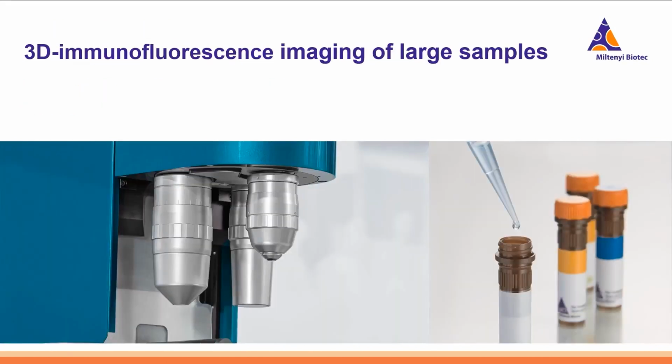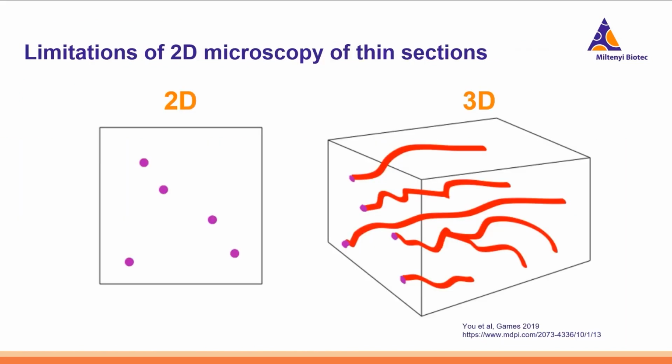So first of all, what is 3D imaging and why is it essential? If the question that we want to answer is heavily dependent on the 3D structure of the tissue, for example the vasculature system of a tissue like the brain, then by doing classical 2D immunofluorescence or immunohistochemistry of a slice, we simply compromise the data.